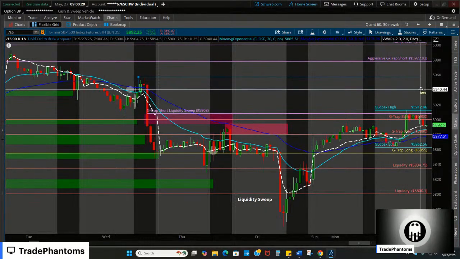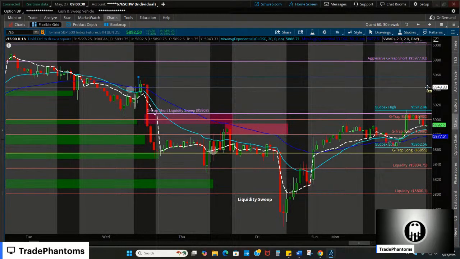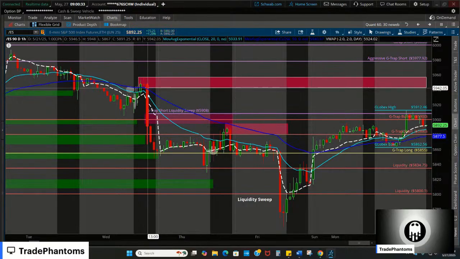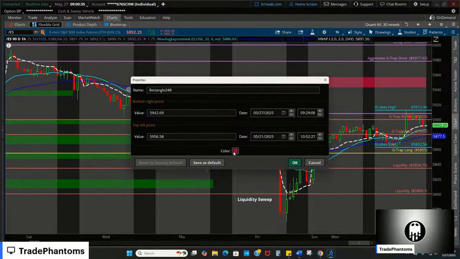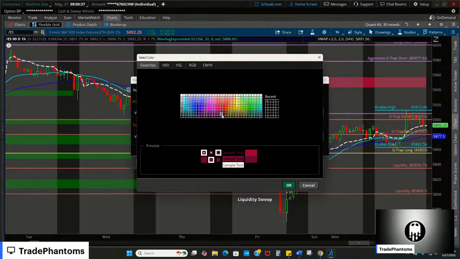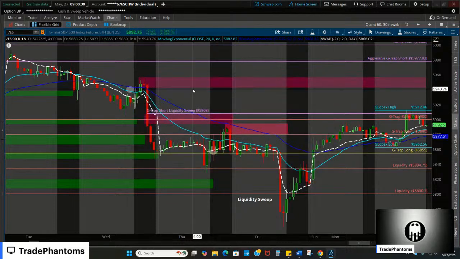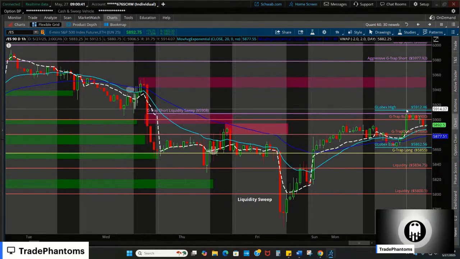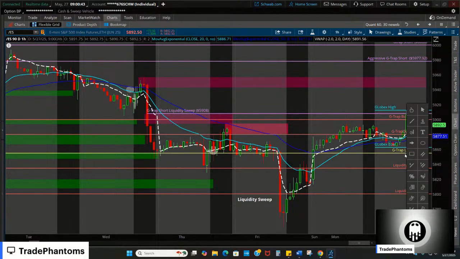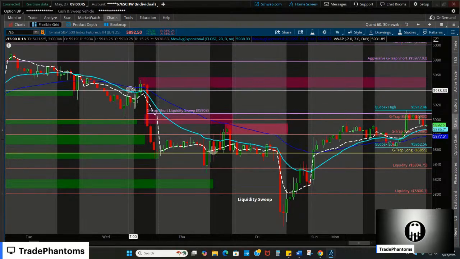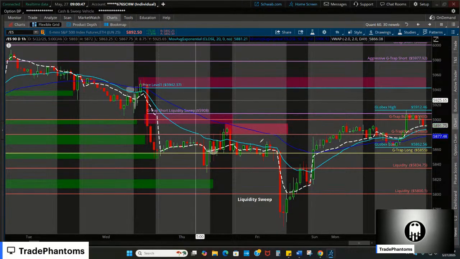So if I take this level right in here, there's a supply level, a rally, a basing, and a nice little drop here. And that is above this Globex high here, right? So this price point comes in at, call it 59.43, give or take.